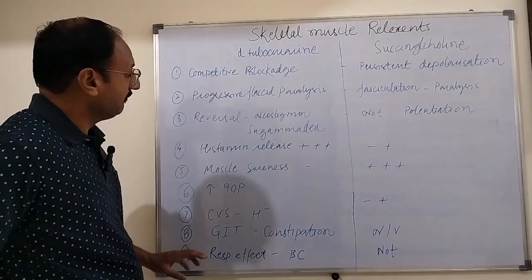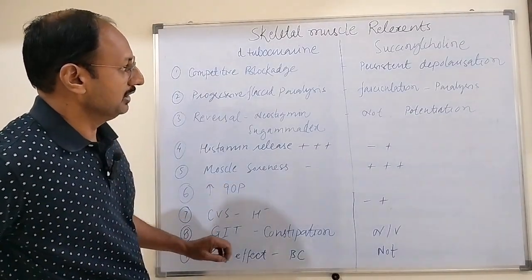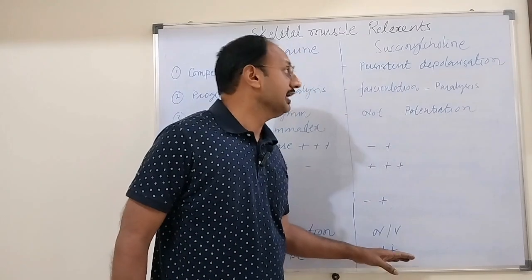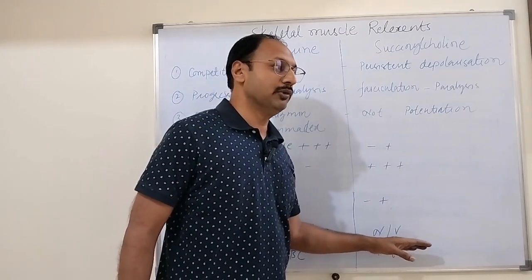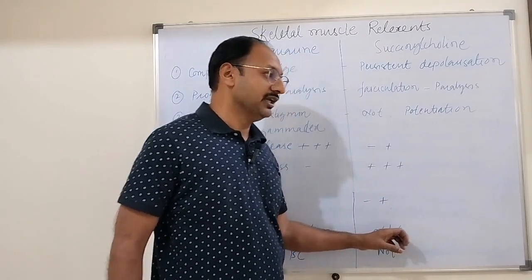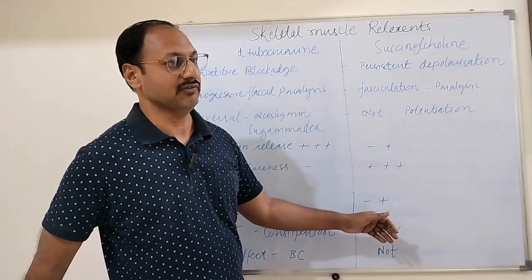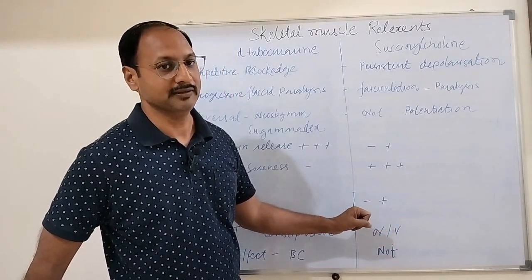There is no genetic variation seen in d-tubocurarine, but there is genetic variation seen in succinylcholine metabolism. There is genetic variation in the atypical pseudocholinesterase enzyme, which leads to prolonged apnea.